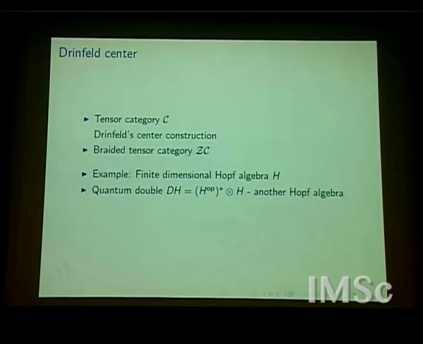It's a nice Hopf algebra. Then it's a standard fact that the representation category of the quantum double of the Hopf algebra is equivalent to the center of the representation category of the Hopf algebra. Actually contravariantly equivalent, it's not an actual equivalence.